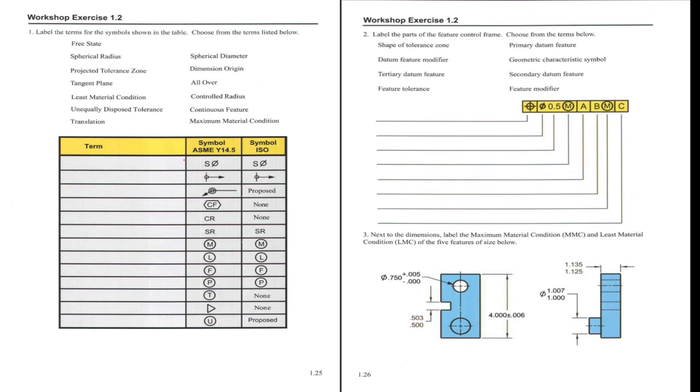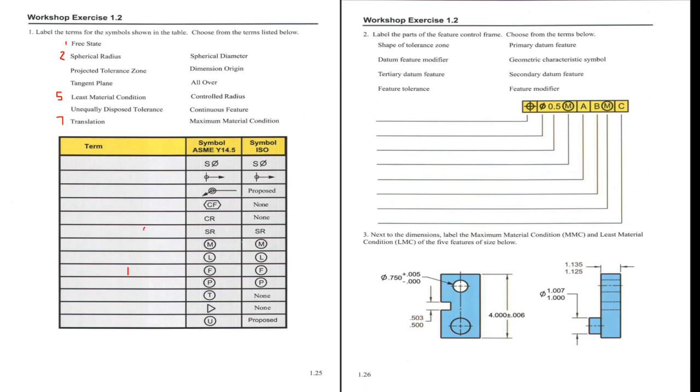Here again, we have to identify the symbols. So the first is of free state, and this one we use is for free state, F in a circle. Then second is spherical radius.